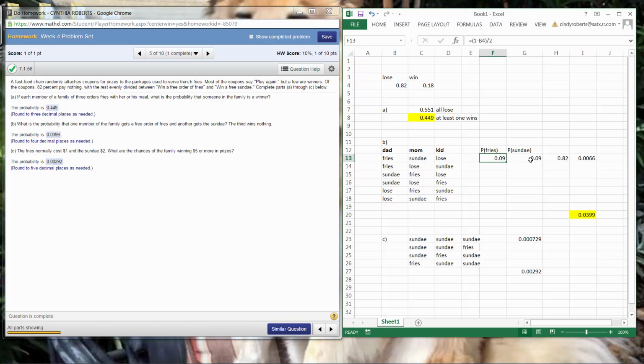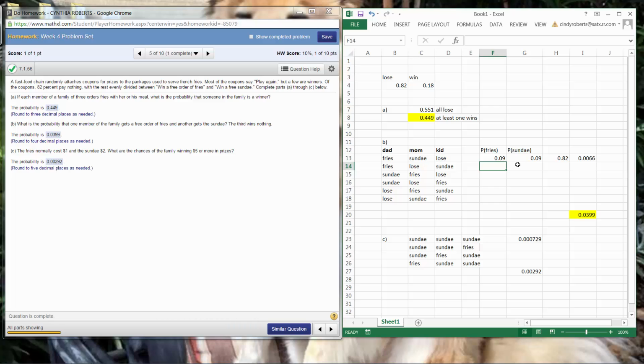Of course, the sundae is going to be the same thing, because there's not a difference in the probability if they win fries versus if they win a sundae. It's just the probability that they win. Once again, 1 minus that they lost. And so what I do here is I take the probability that they win the fries times the probability they win a sundae, and then once again the third one has to lose.